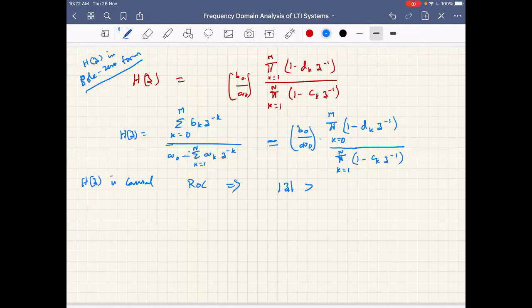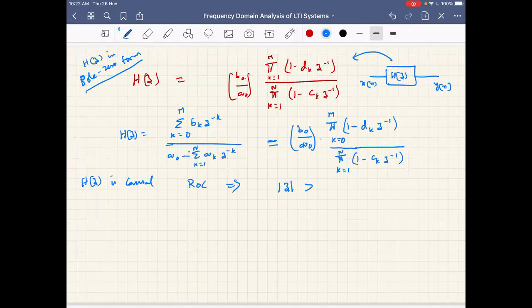See, this is the H of z, that is the system function. X of n is input and y of n is output, and this is the transfer function of the system. And if I say that this is a causal system, then what should happen to the ROC?